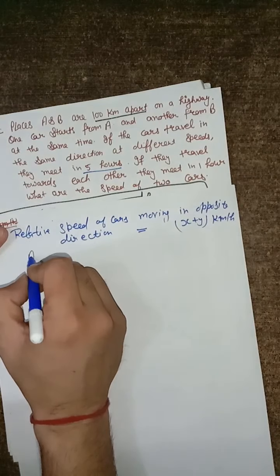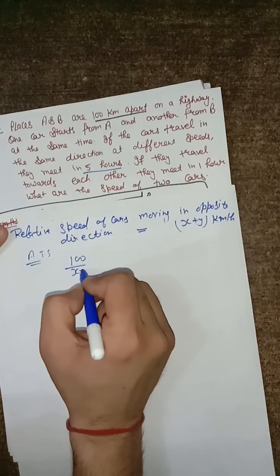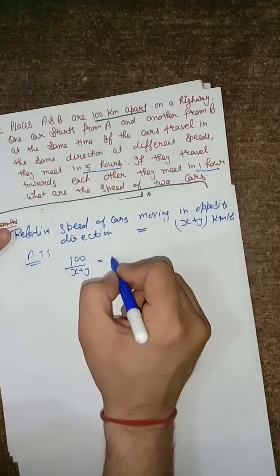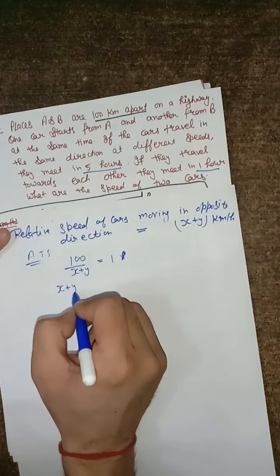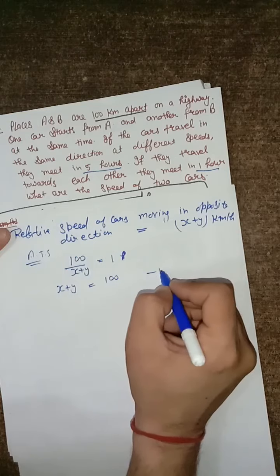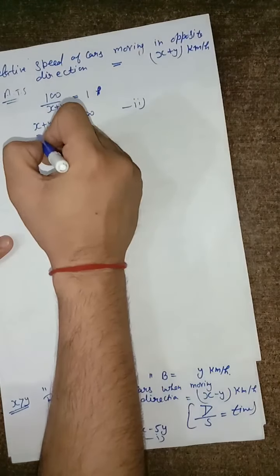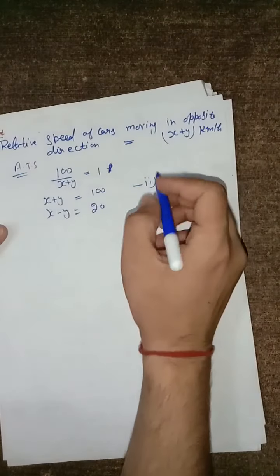Now according to the statement, 100 divided by speed equals time. Here time is 1 hour, and this will become x plus y equals 100. This is my second equation, and my first equation was x minus y equals 20.